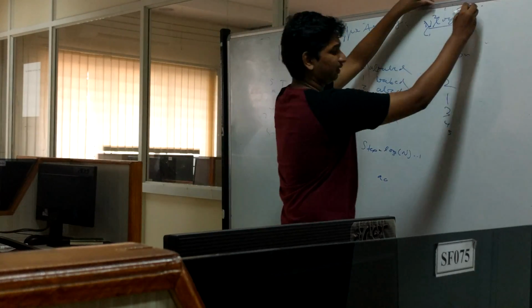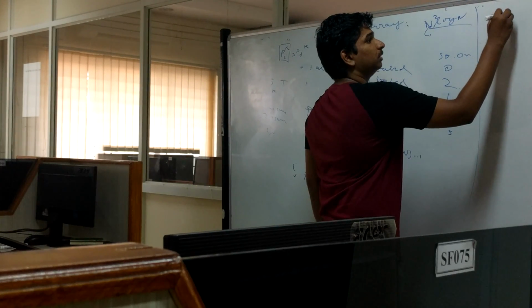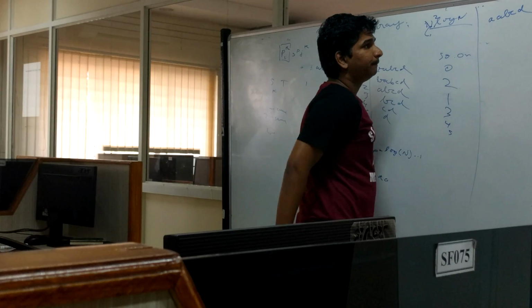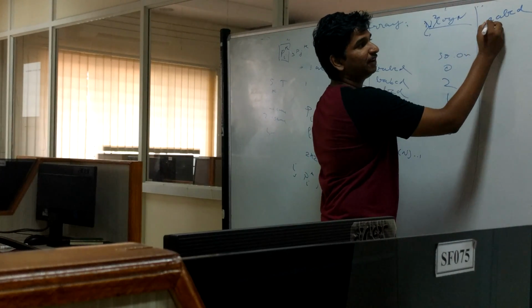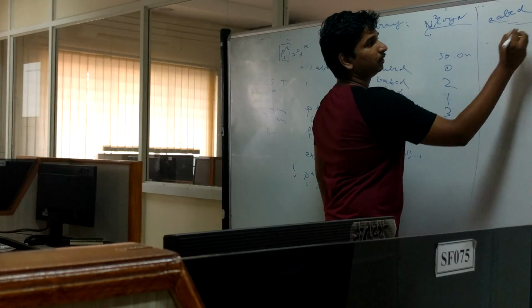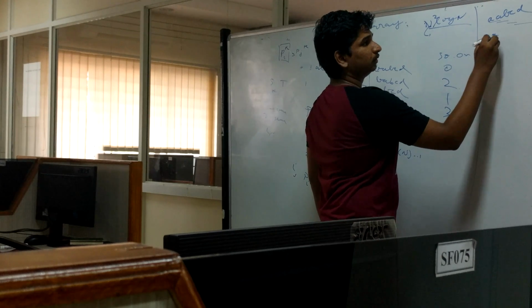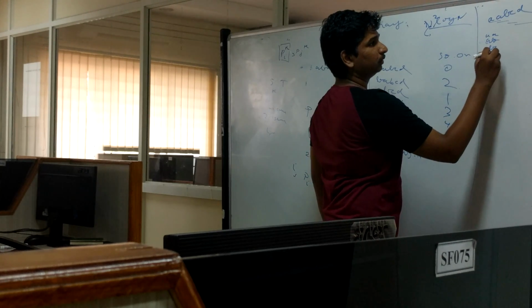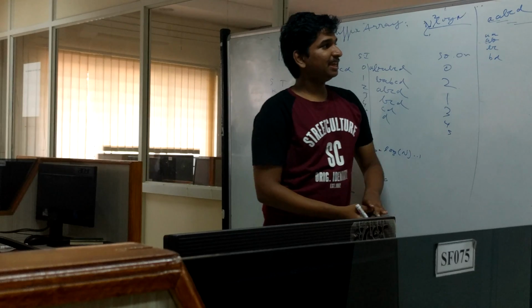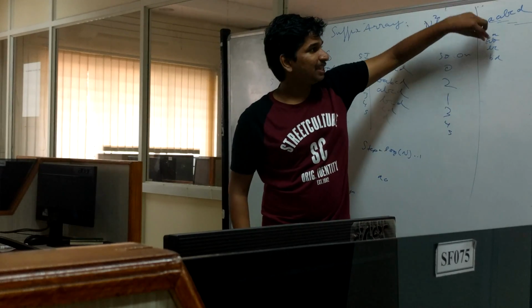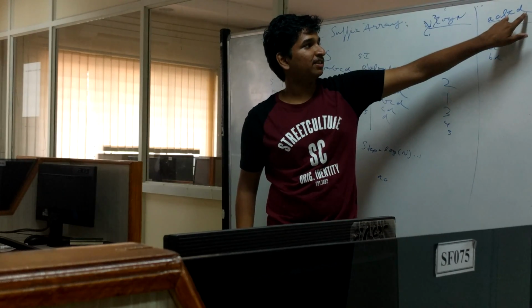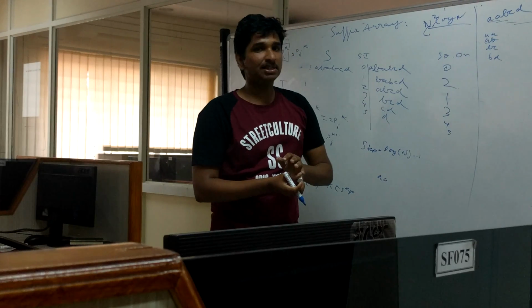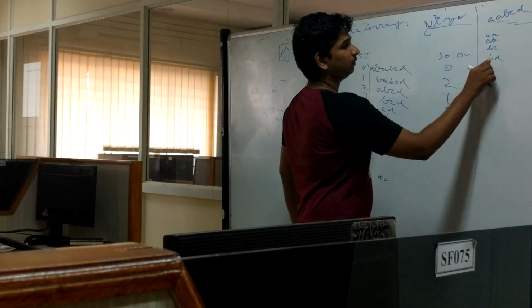Just write it here. So for every suffix, this AA is part of the suffix, the full word. This AB is part of the suffix, BC is part of the suffix, CD is part of the suffix. First I'm just comparing, the last one being CD.